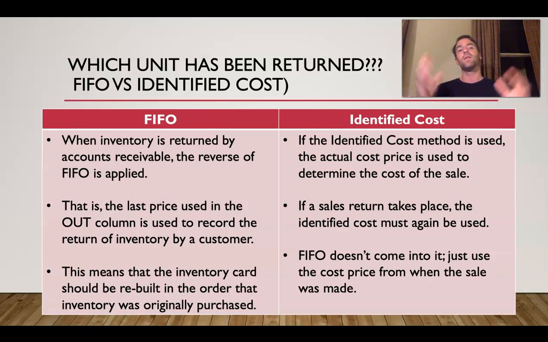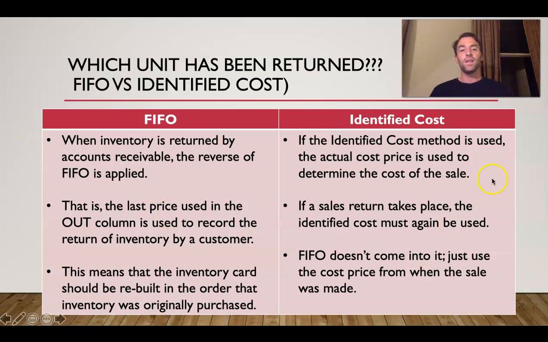We might have different cost prices for that inventory because we're getting that from our suppliers at different cost. It is going to depend on whether we as a business are using FIFO, first in, first out, or identified cost. It will always be outlined in your question, and it's really one of the first things you need to highlight and note when you're reviewing the question.